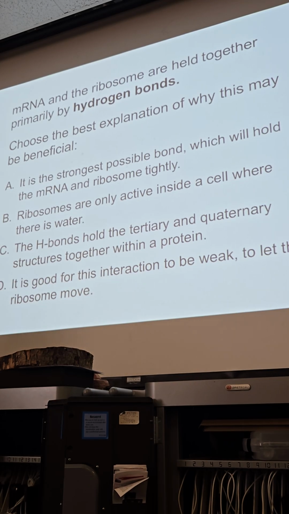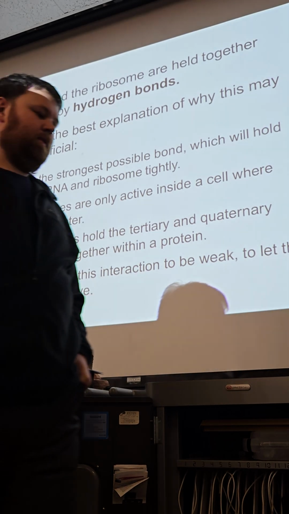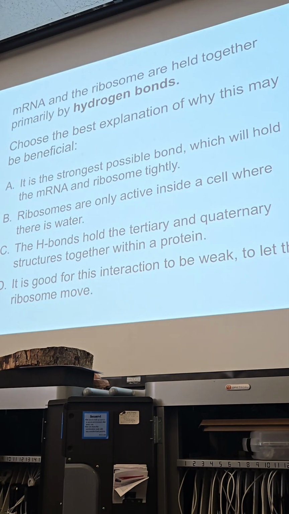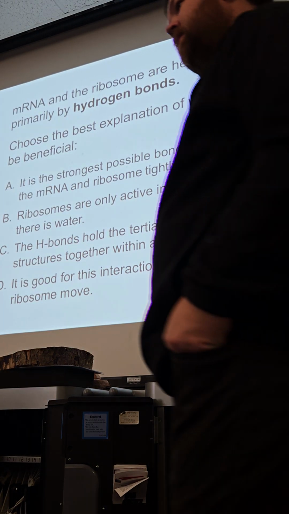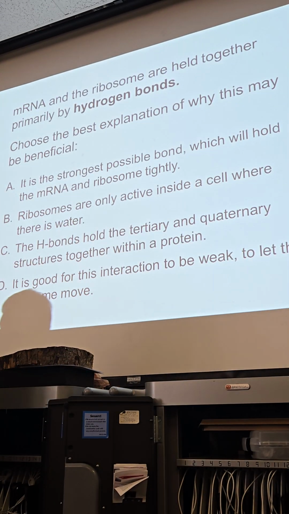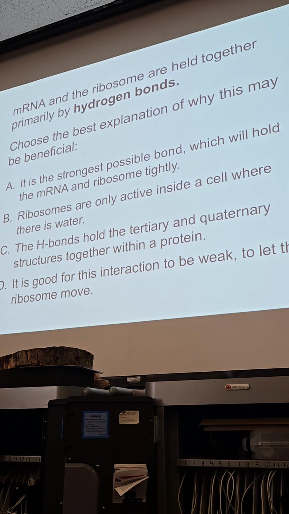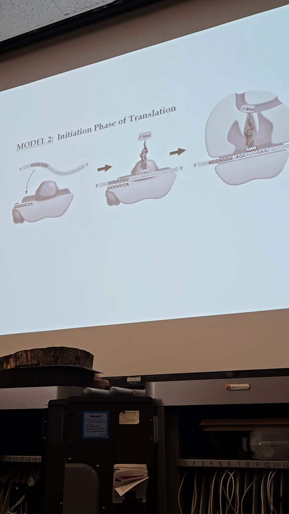Rough bonds, ER. Does that have to do anything? I don't know. Probably might not have something to do with H. I was between A and B, but I put A. I think.